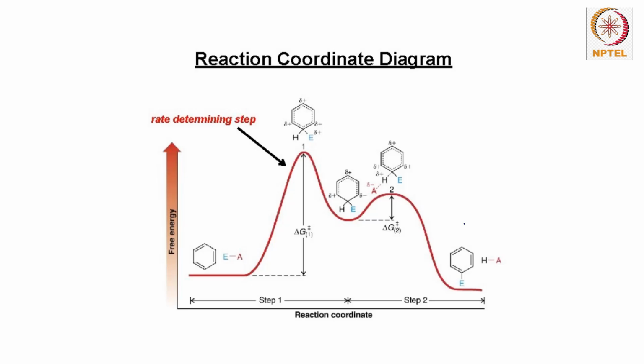For your better concept, you can make notes: SN1, then this energy diagram; SN2, this energy diagram. You can make a short note, then it will be a very quick recap for you. In NET or GATE, sometimes they give the energy diagram and four example reactions for which this type of energy diagram is possible.